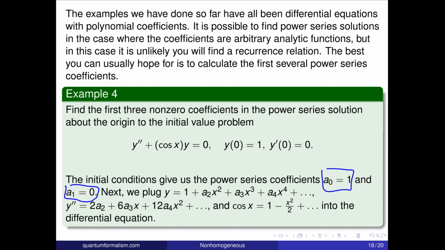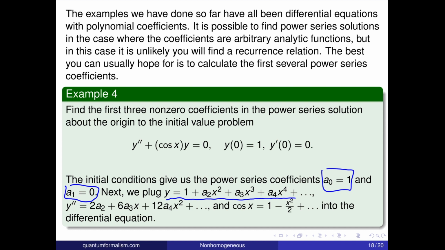So that means we have this formula for our general power series about the origin. It starts at 1. We skip the x to the first power term because A1 is 0, and then we go on to a2x squared plus a3x cubed and so on. So the second derivative will be 2a2 plus 6a3x plus 12a4x squared and so on.